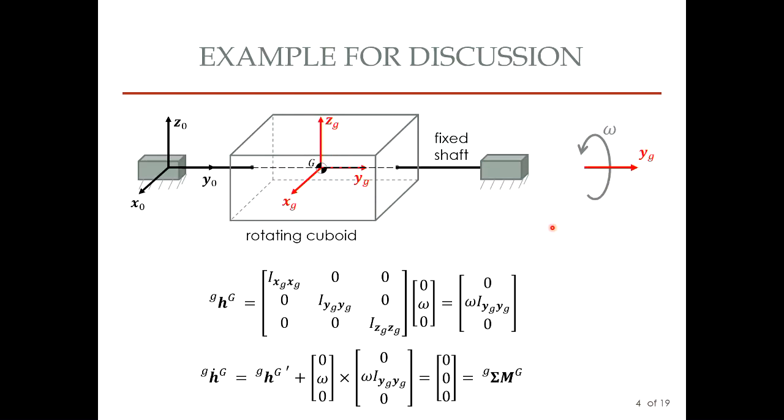Okay, this is important because it means that if there is no moment that I need to apply on the cuboid, it doesn't try to rotate the shaft. Okay, so the only moments applied on the shaft will be as a result of gravity.